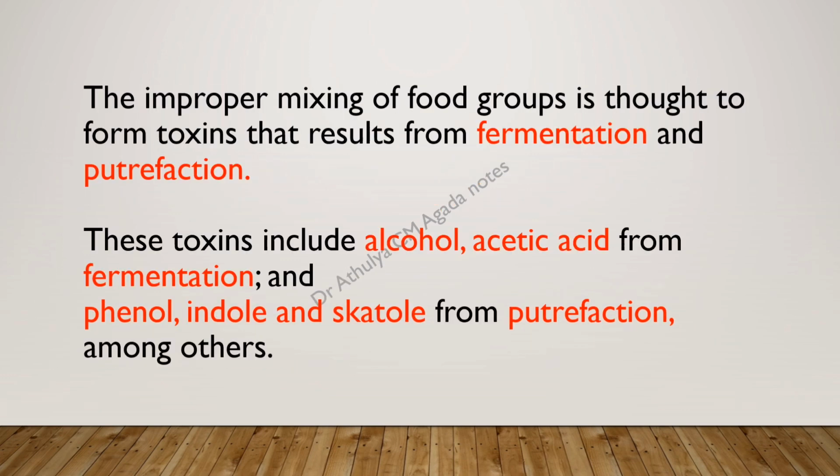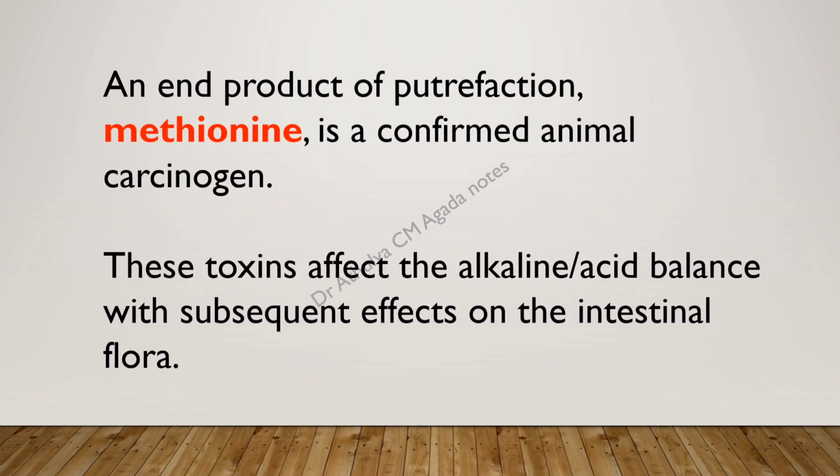Then the improper mixing of the food is thought to form toxins that result from the fermentation and putrefaction. We know that when foods with improper combination are taken, the carbohydrates and starch will lead to fermentation, and the proteins, if undigested, cause putrefaction. The toxins produced from the fermentation are alcohol, acetic acid, etc. And from the putrefaction, it causes phenol, indole and skatole. And as the end product of the putrefaction, a compound called methionine is formed, which is a confirmed animal carcinogen.